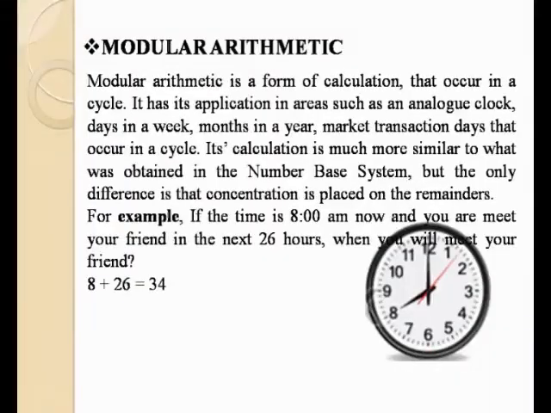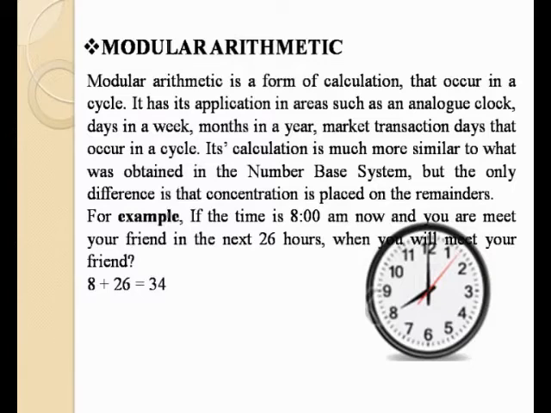Our next topic is modular arithmetic. Modular arithmetic is a form of calculation that occurs in a cycle. It has its application in areas such as analog clock, days in a week, months in a year, market transaction days, that occur in a cycle.